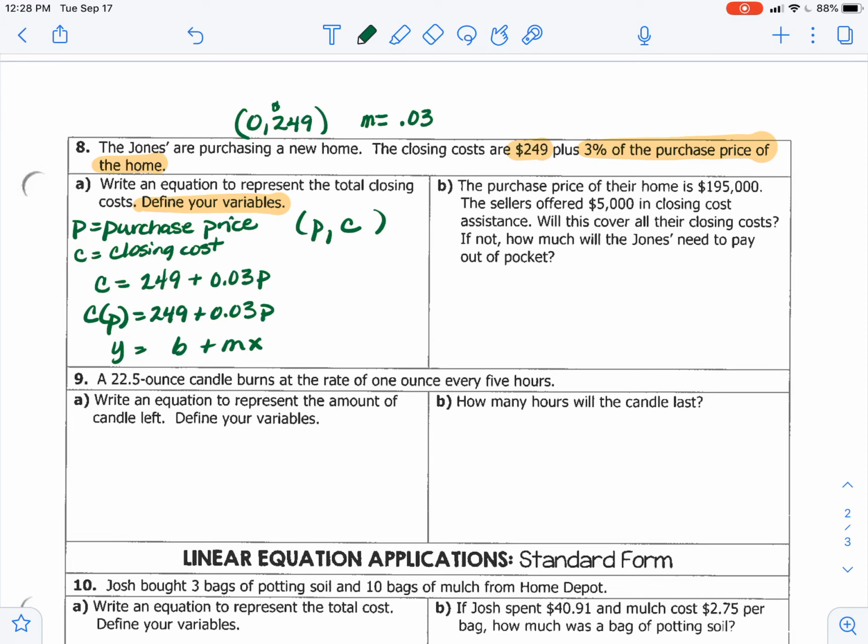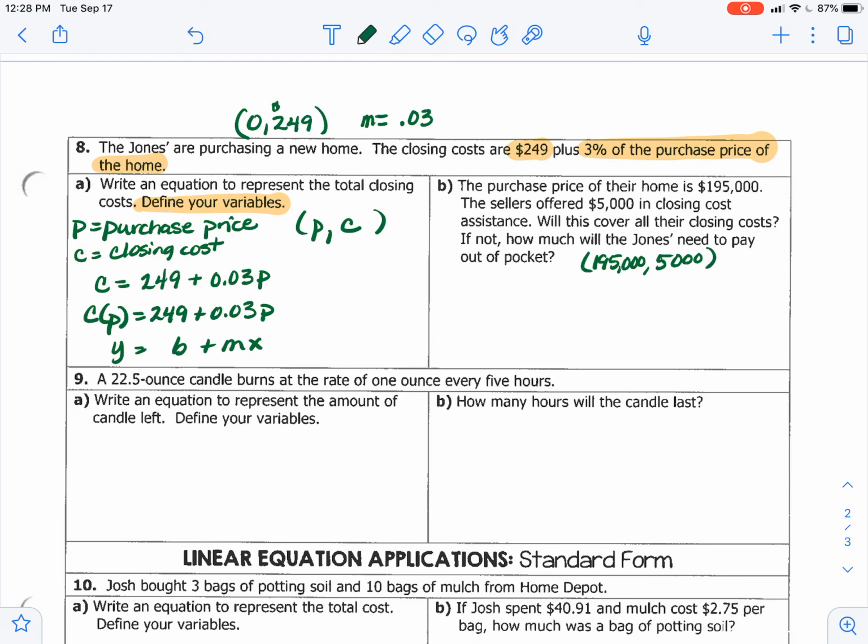So be sure you keep those in order. So in this case, looking at my point, my purchase price is my x, and I should have made myself more room, and your closing cost is $5,000. Okay?